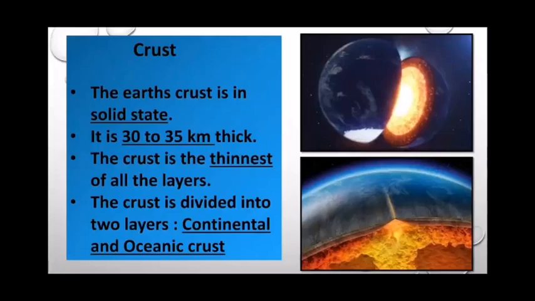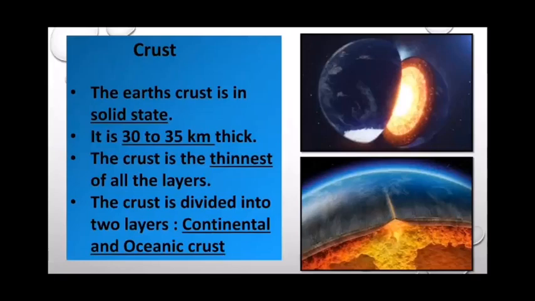As we move deeper under the surface, temperature increases. After that, the rate of increase in temperature reduces and again increases in the core. At the center of the earth, the temperature is around 5,500 degrees Celsius to 6,000 degrees Celsius.